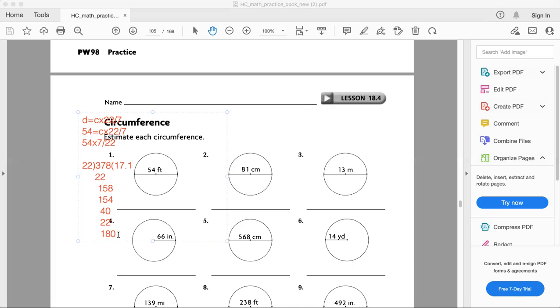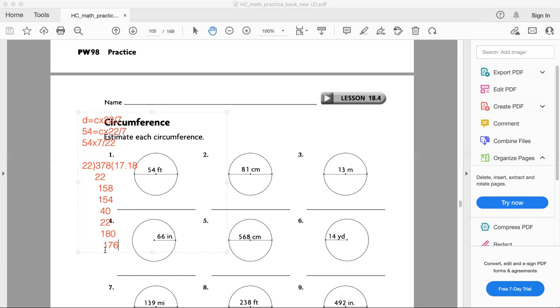Devanshu, do number 1, beta. Ma'am, this question I cannot understand. Wait, I'm explaining, Devanshu. Just a second. 8 into 22 is how much, Tuhin? Ma'am, 176. Very good.